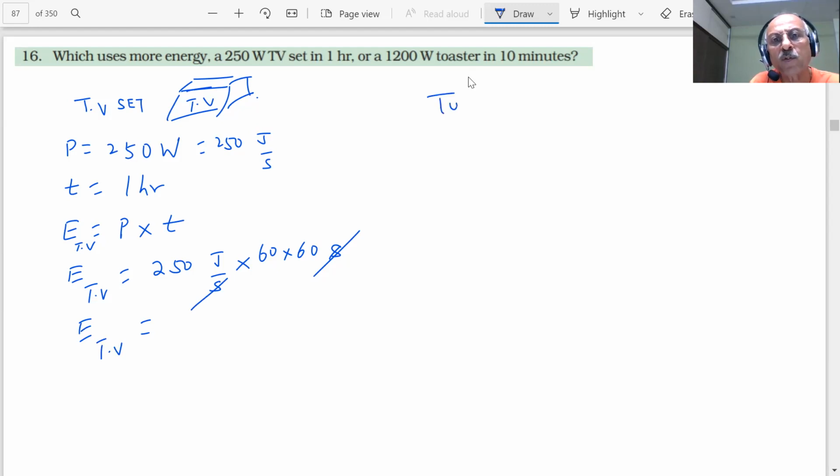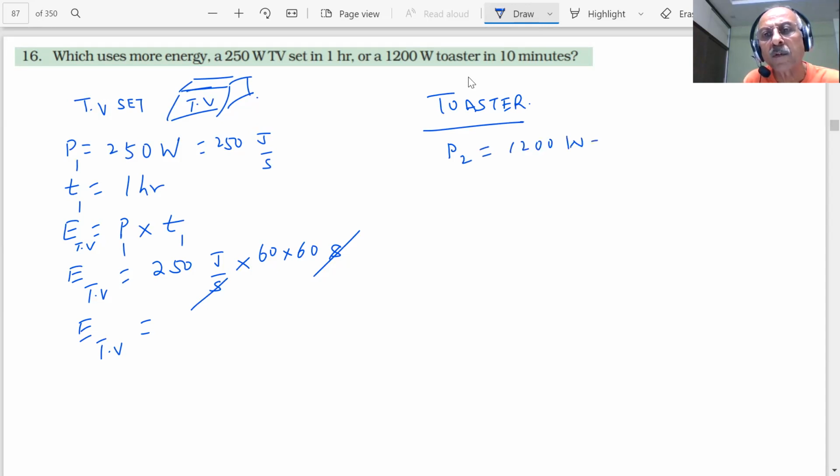Now you have a toaster, student. What is happening in the toaster? Let me use P1, T1, and P2, T2. What is the value of the power? It consumes 1200 watts, 1200 joules per second, and time is 10 minutes, students.